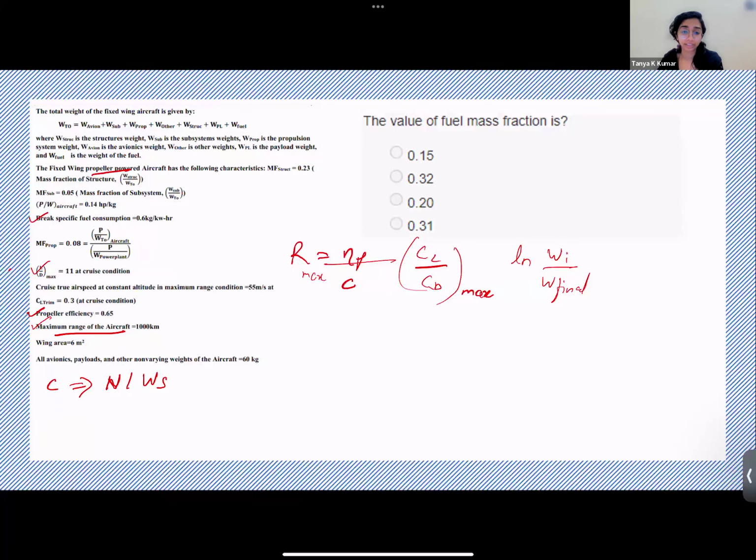What is given is kg per kilowatt hour. We need it in Newton per watt second. How do you convert it? You take 0.6 into 9.81, kilowatt, make it watt, and hour, make it second. That's all. Try doing it now.